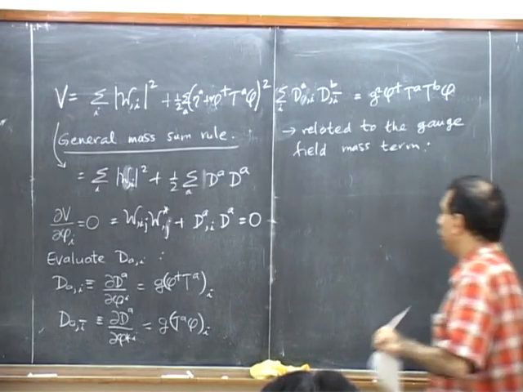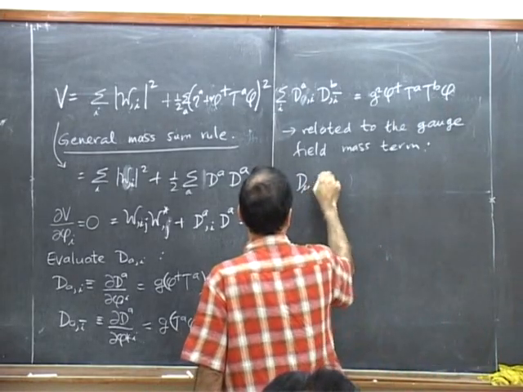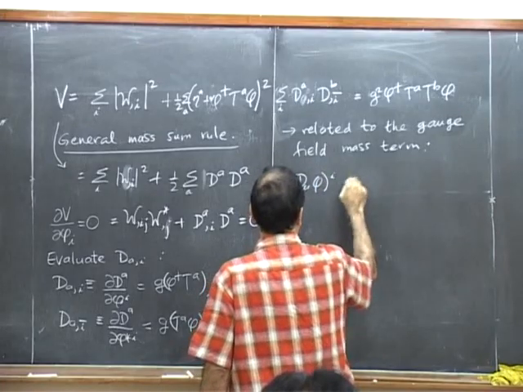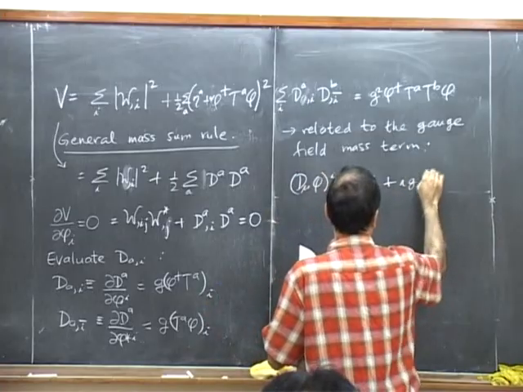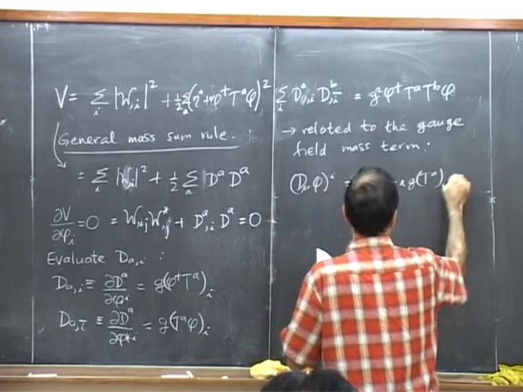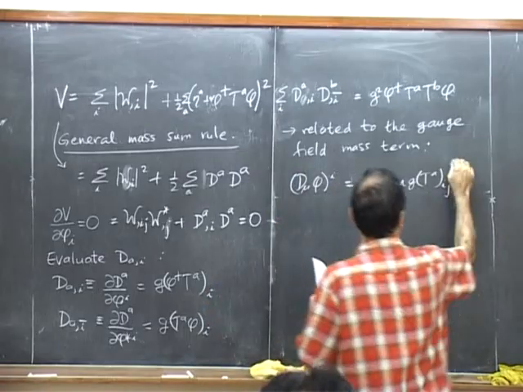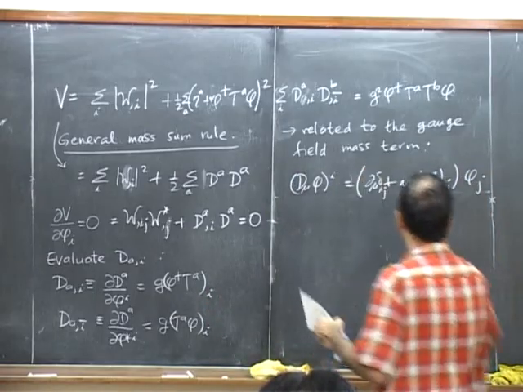Okay, and in fact, if you recall, I did this in my first lecture or second lecture. From the fact that D_mu phi_i is d_mu plus i g A_mu T_A ij phi_j.